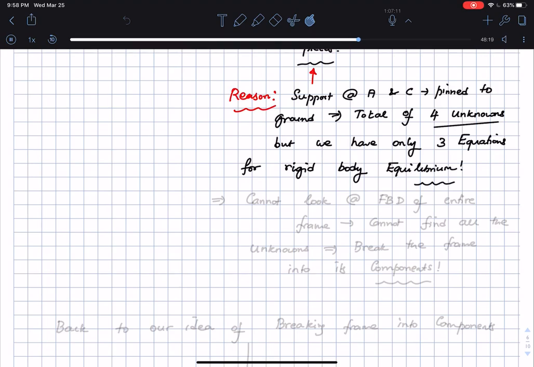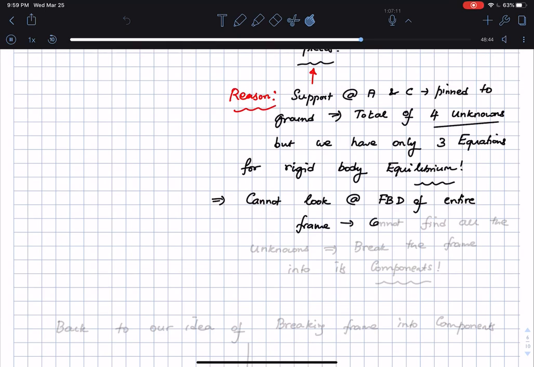Okay, which implies that, hey, I cannot do this. I cannot look at the free body diagram of the entire frame. So this implies that we cannot look at the FBD of the entire frame, as I cannot find all the unknowns from that.